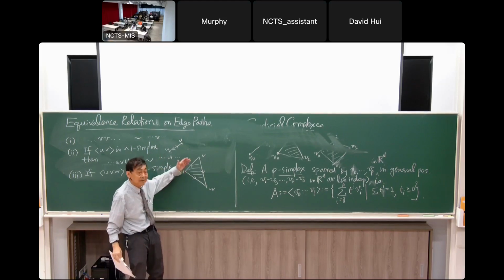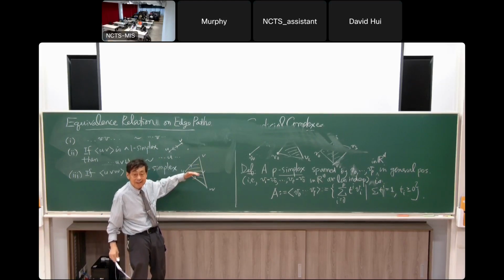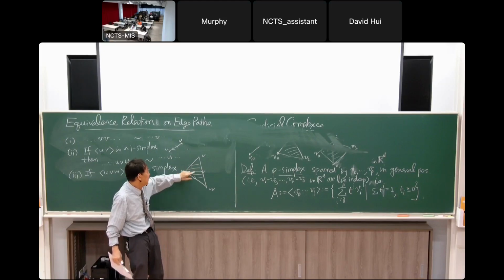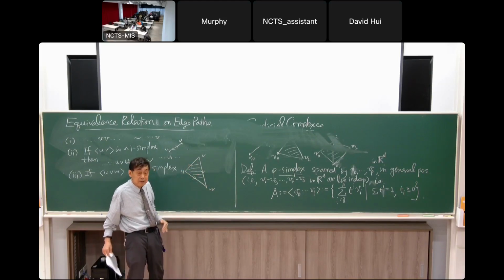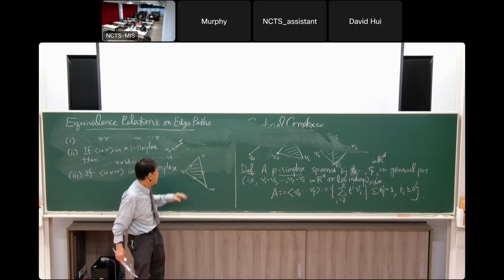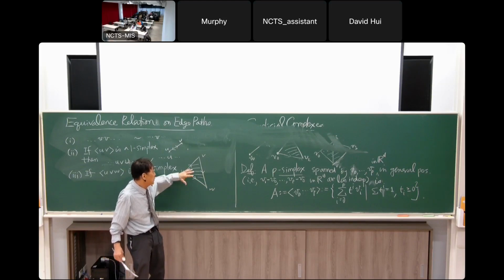Yeah, so this is the homotopy relation. If you have a two simplex UVW, that path is homotopy equivalent to UW. Okay, because in the topological category, you can move this curve through that two simplex to this curve.